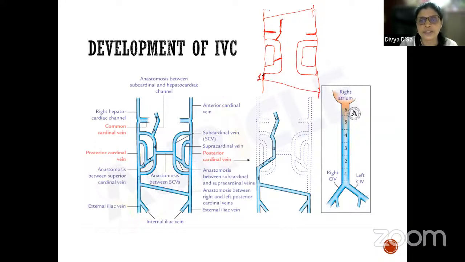So this portion is the portion of the right posterior cardinal vein which is between the anastomosis between right and left and the subcardinal. Okay, so this is the first segment. Okay, so this is known as the sacrocardinal segment.